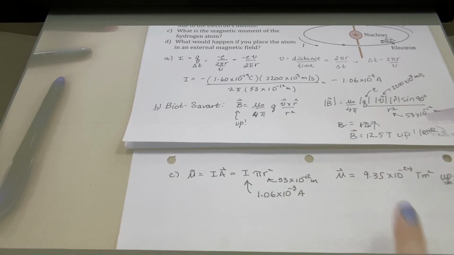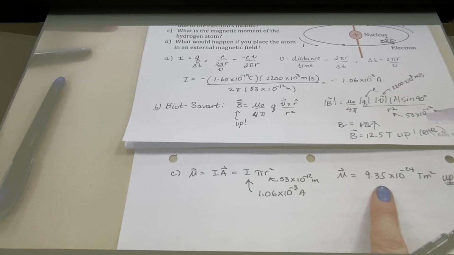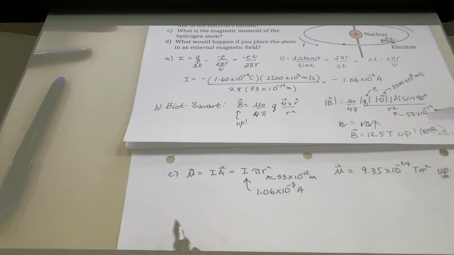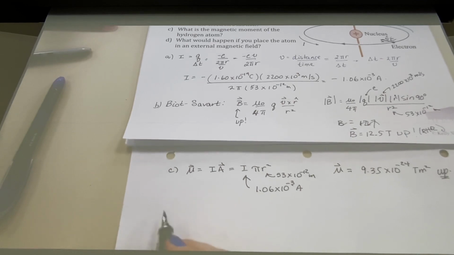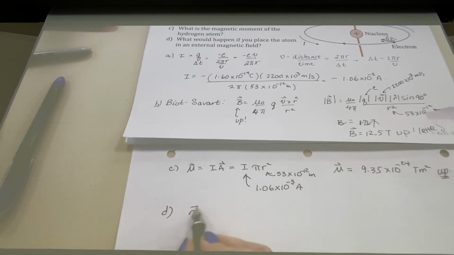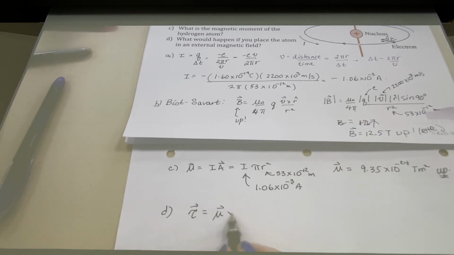Every hydrogen atom basically has this magnetic moment. It's got that field and this moment. What happens if you place the atom in an external field? Here's where we would remember torque equals mu cross B. Typically that would tend to make it spin or rotate.